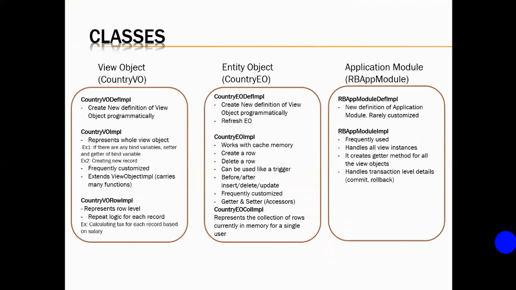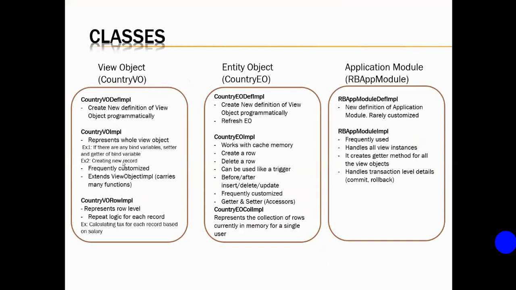Then you have the provision in these classes where you can refresh the entity object, refresh the view object, and pull the data again from the beginning. There are many other methods available in each of these classes. Basically, this is the main use through which we will be doing most of the work.